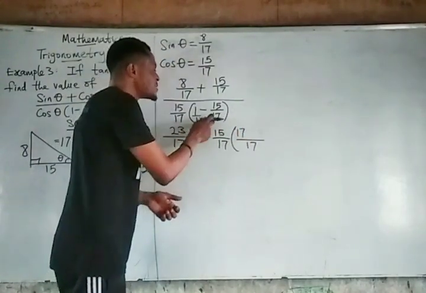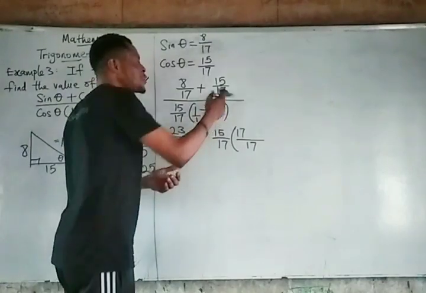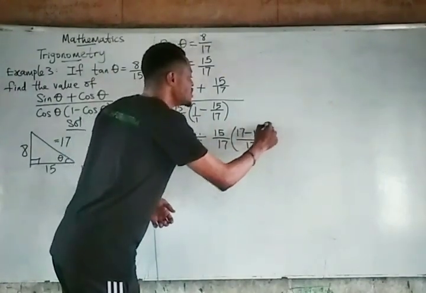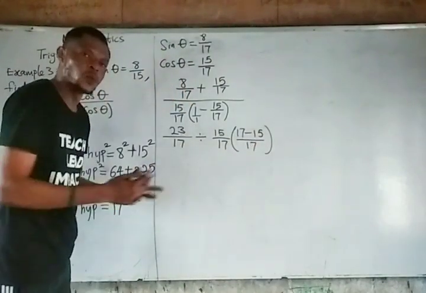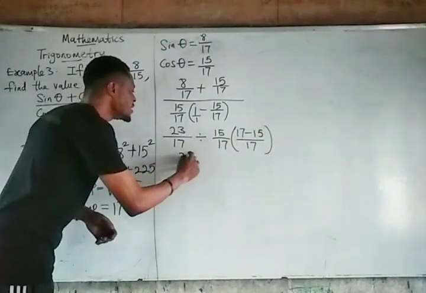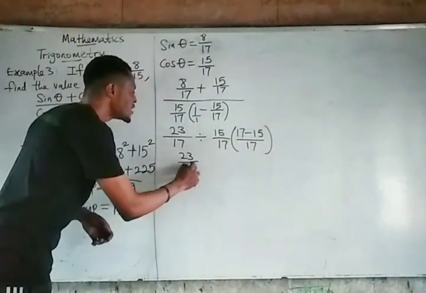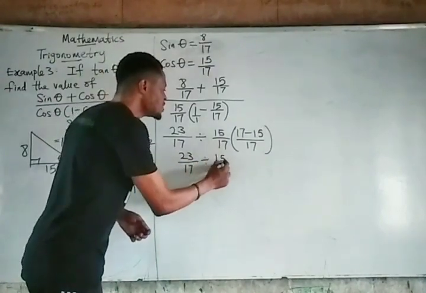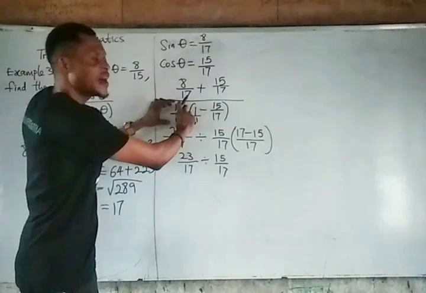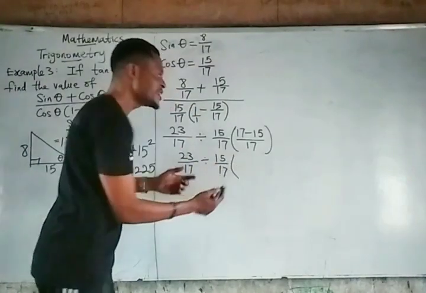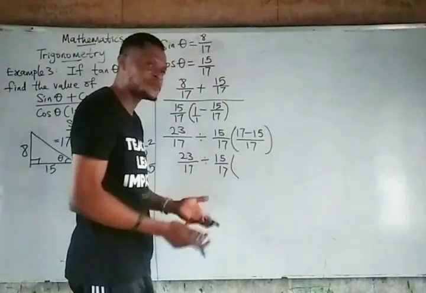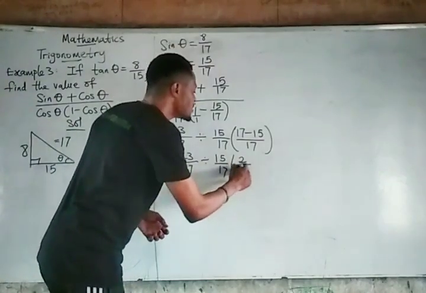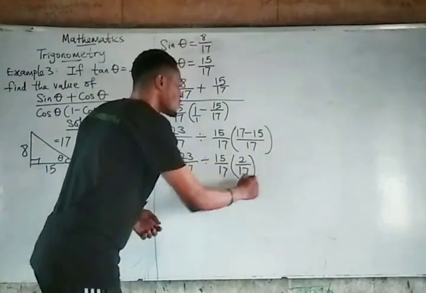Furthermore, 17 divided by 17, we have 1. Then 1 multiplied by 15, we have minus 15. Close bracket. We move to the next level. 23 all over 17 divided by 15 over 17. This value. Then it's getting clearer. 17 minus 15. We have 2 all over 17. Close bracket.